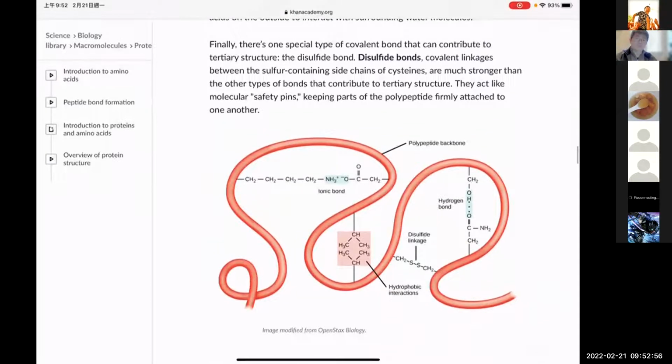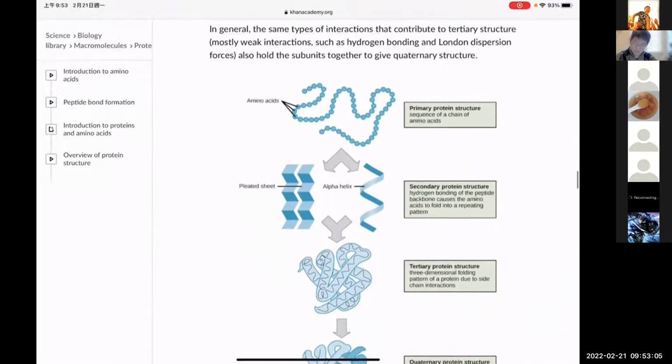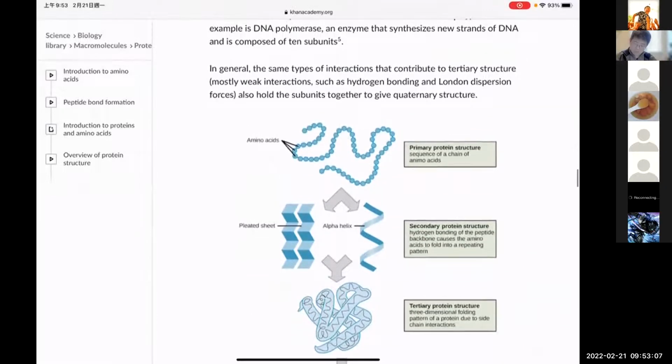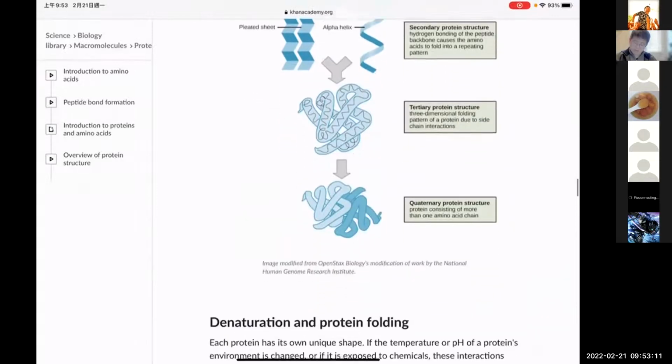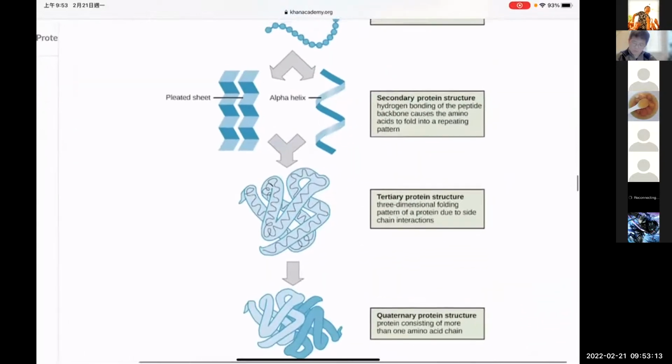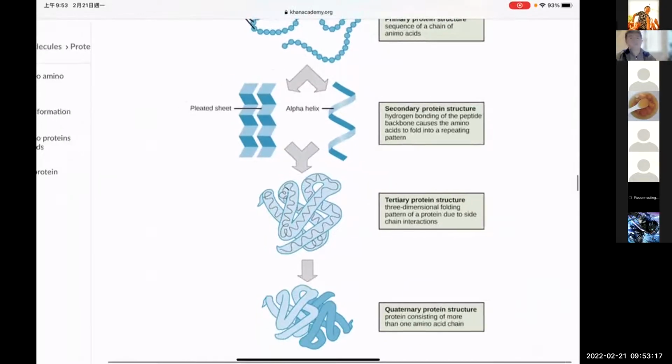They will stack together and clump together, with part of the structure held by hydrogen bonds and some other interactions. Because of this, alpha helix, beta sheets, tertiary structure, and finally they form a quaternary protein structure, in which the protein consists of more than one polypeptide chain clumped together.